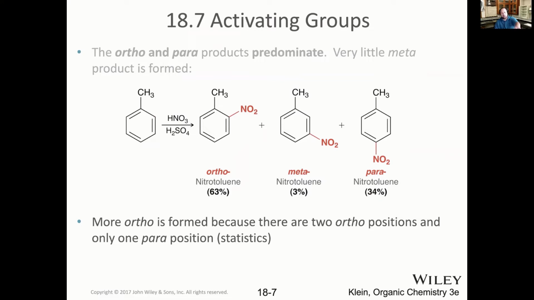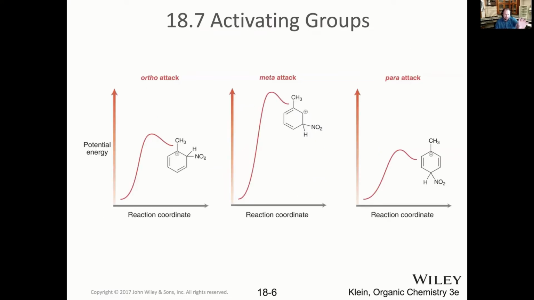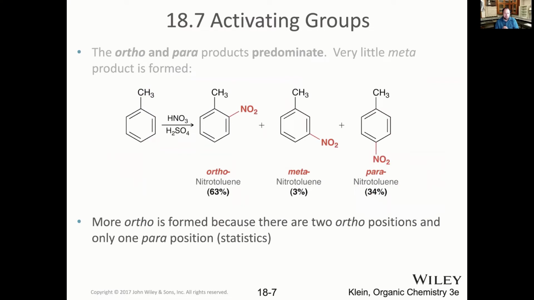Now, you might wonder why the ortho is so dominant compared to para. There's actually a little bit less stability in the ortho compared to the para. The reason the ortho still ends up having more is because the methyl group is really small, and there are 2 ortho positions that can be attacked relative to 1 para position. Now, you could ask, well, there are 2 metas, so why isn't that greater than para?